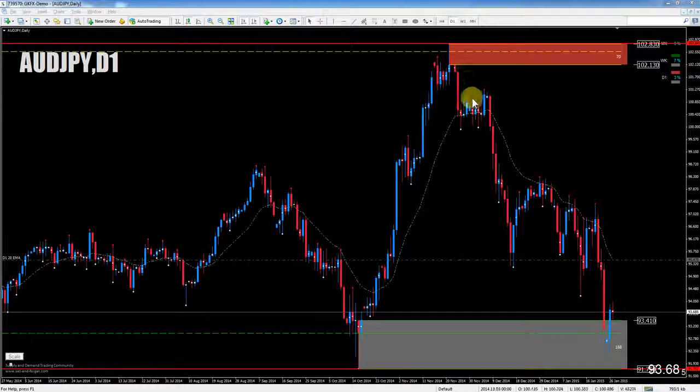So remember, the lower you locate the CP in the curve at the beginning of the move, the higher the probability. The lower the probability will be, the closer to a higher time frame area of opposing zone.